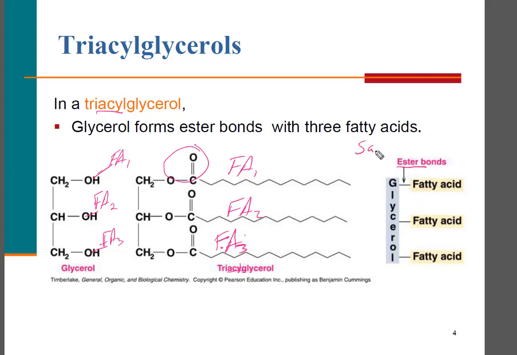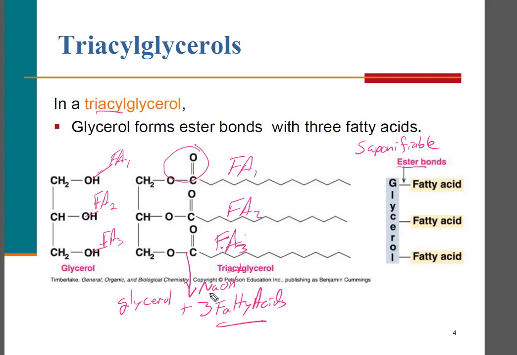Esters can be saponified, so this is saponifiable. Right? So what that means is we could cook this up with some sodium hydroxide, and we would get the glycerol back, plus, will we get the fatty acids back? Well, kind of. I'll say here 3 fatty acids.